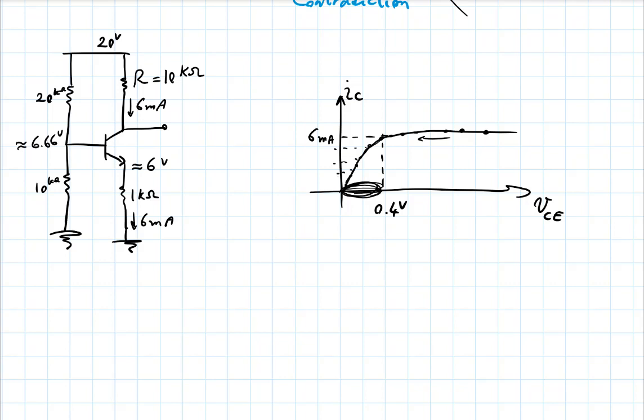Let's just approximate things for now, right? Let's say the moment you entered the saturation, at that point, the collector voltage was just 0.4 volts above the emitter voltage, right? So here, you would be at 6.4 volts, right, at the onset of saturation.